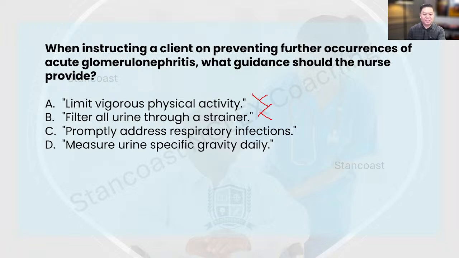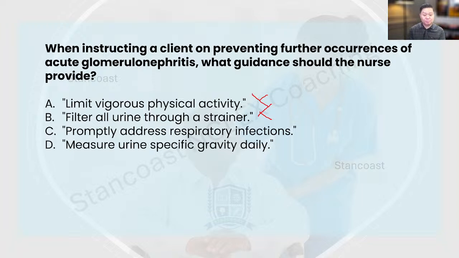Seems like it. The reason is that acute glomerulonephritis can occur because of a prior streptococcal infection, right? It could be strep throat, or it could be a skin streptococcal infection, impetigo. Weeks or days before the patient develops glomerulonephritis, the patient is usually known to have these infections.